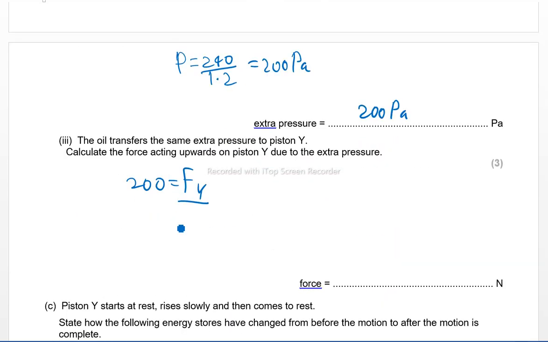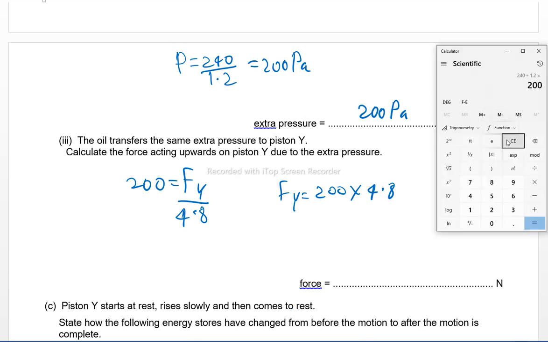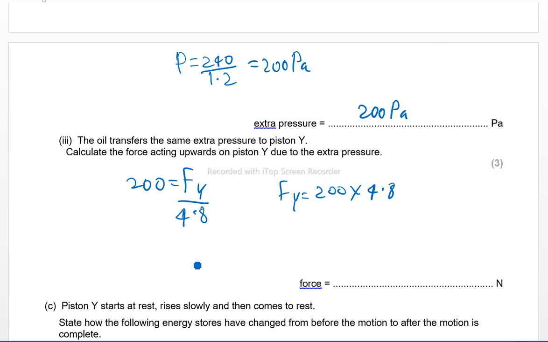So I get Fy is equal to 200 multiplied by 4.8. 4 times 8 is 32... it has to be 960, I guess. We'll just check with the calculator also. 200 multiplied by 4.8, it's 960, right? 960.